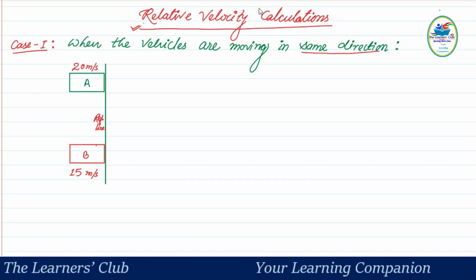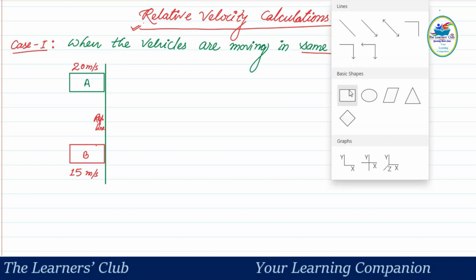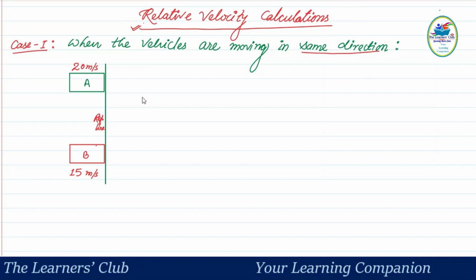In 1 second time, from the point you start your observation, you have to find out how far the objects have gone. This particular vehicle covers a distance of exactly 15 meters. Just try to understand, 15 meters.